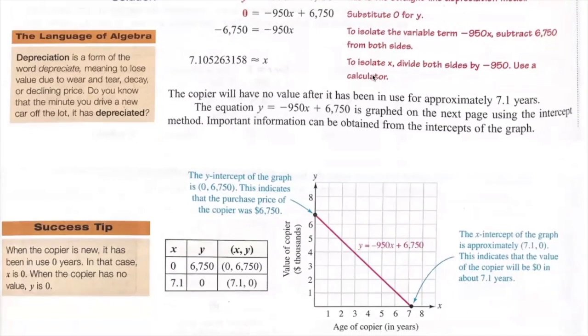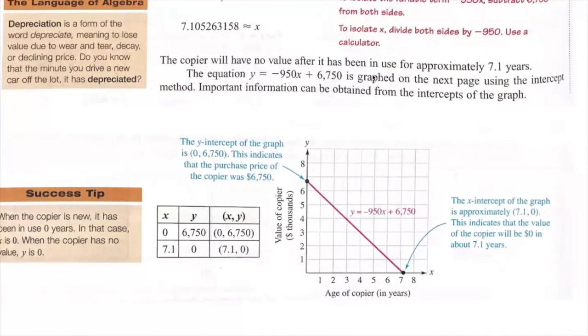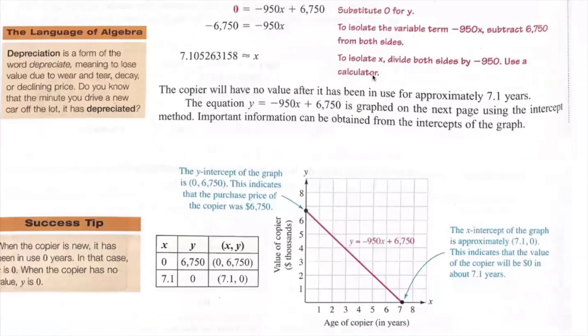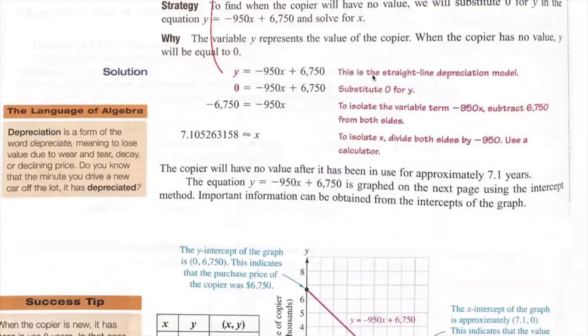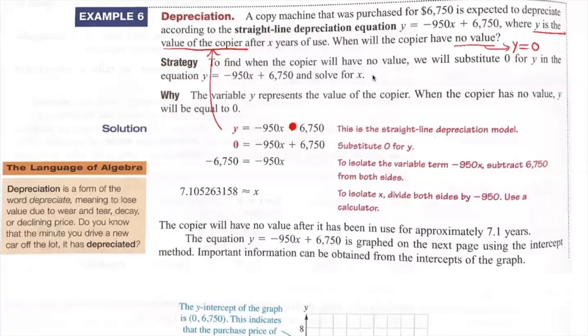Now to graph this equation, since we only consider positive time, the number of years X here must be a positive number. When X equals 0, that means when the copier is brand new, we substitute 0 into X and get Y to be 6,750. So that is the brand new value of the copier.